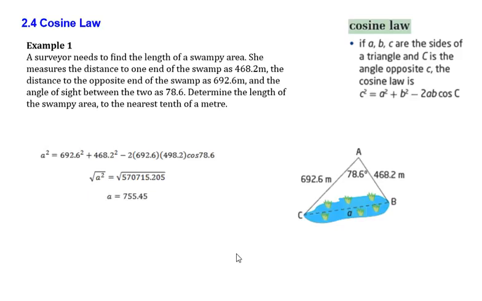Calculate that distance by taking the square root of that, and we end up with 755 as our length. Okay, so once again, fairly easy, pretty straightforward.